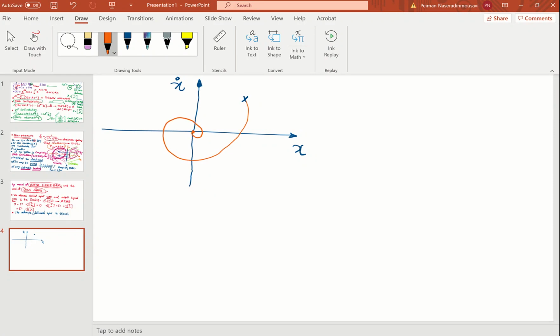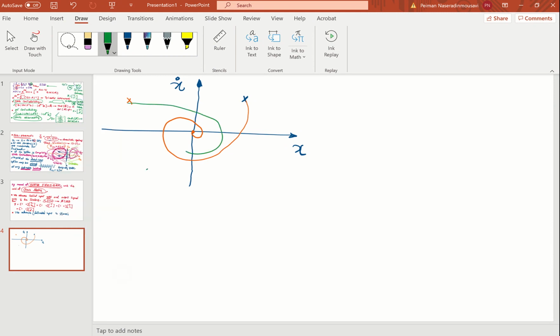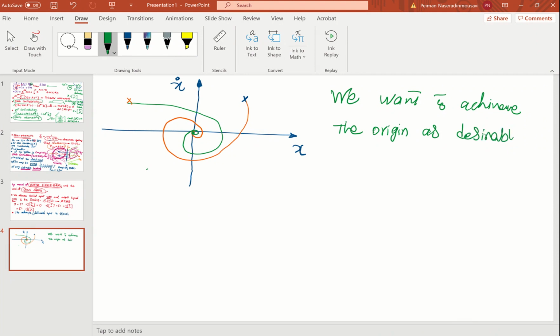You want to go back here to the 0 and 0. Or you start from here, you want to go here again. Okay, here we go. So we assume that the thing that we want to achieve is the origin as the desirable set point.